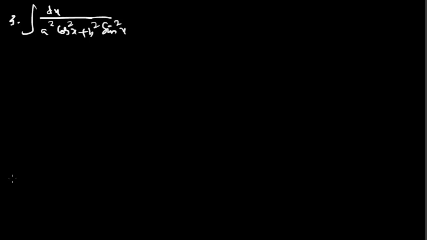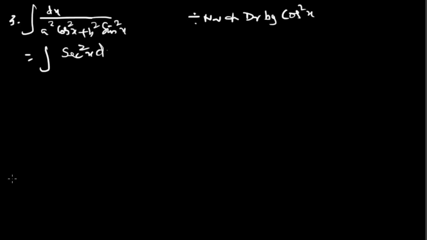Now divide numerator and denominator by cos squared x, always, whenever this type of problem is there. You get in the numerator dx by cos squared x, which is secant squared x dx as usual. Here a squared cos squared x by cos squared x is only a squared, plus b squared sin squared by cos squared, which is tan squared. Already the problem is in the standard form.